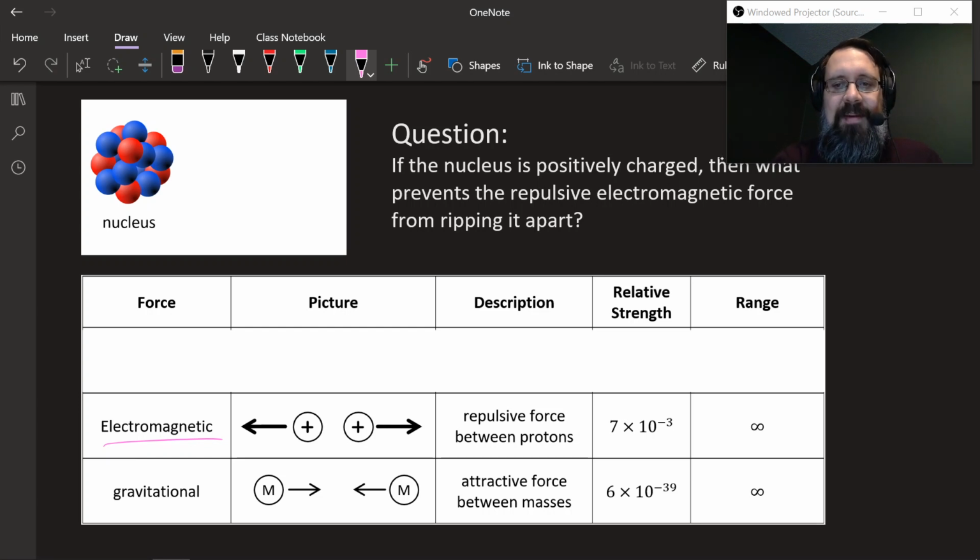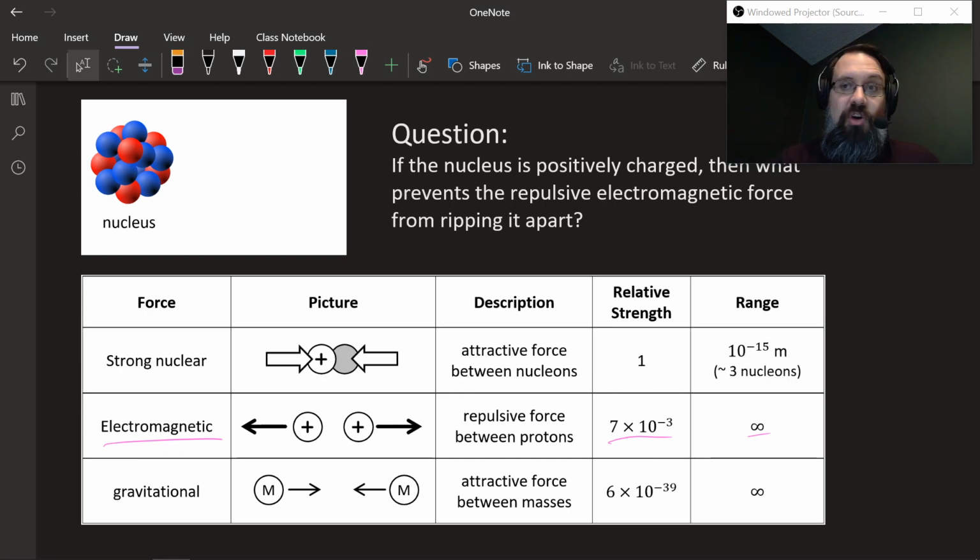It has an infinite range, and its relative strength is about 7 thousandths of the relative strength of the strong nuclear force. If we say the strong nuclear force has strength 1, then the electromagnetic force would be 7 thousandths as much as that. So the electromagnetic force is more than 100 times weaker than the strong nuclear force.